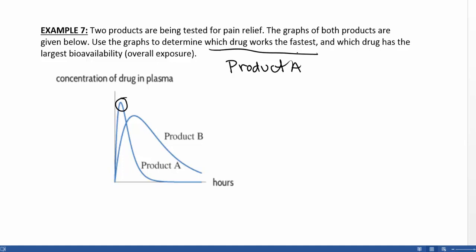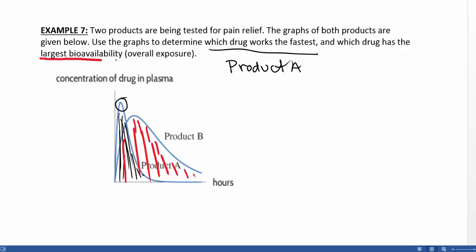Now, the second part is which drug has the largest bioavailability or overall exposure. What you'll notice is because drug A peaked so fast and got out of the body so fast that the area under the drug A curve is pretty small compared to what's happening with drug B. So drug B has a lot more area under the curve.